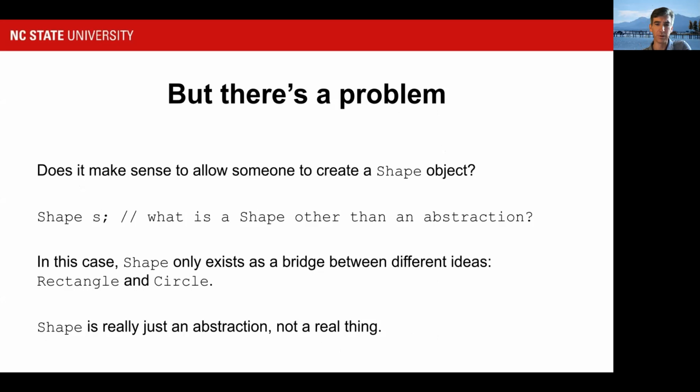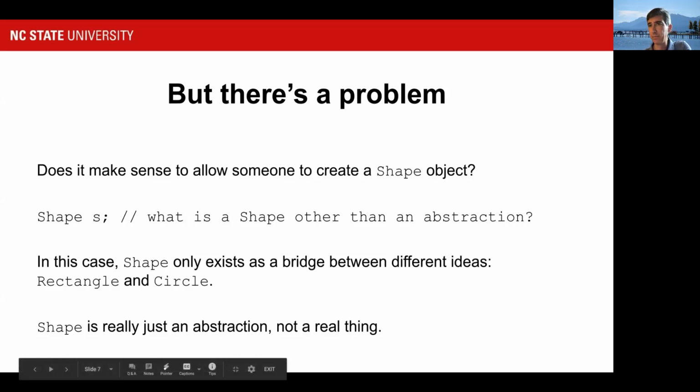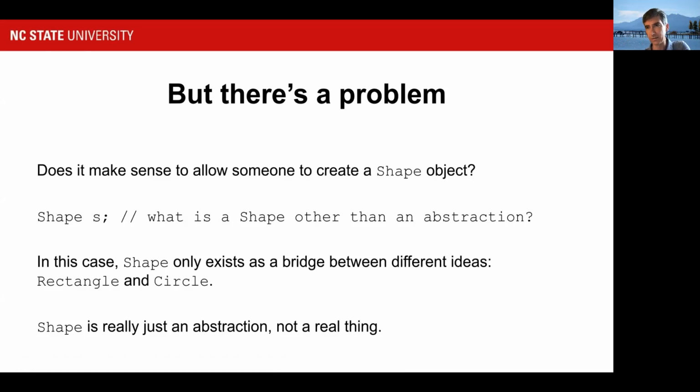So really shape only exists to bridge lots of ideas, to say there are these multiple kinds of objects that share this kind of abstract idea in common, that they have an area, right, or a perimeter, or whatever we want them to have. Shape is really just an abstraction. It's an idea. It's not a real thing.